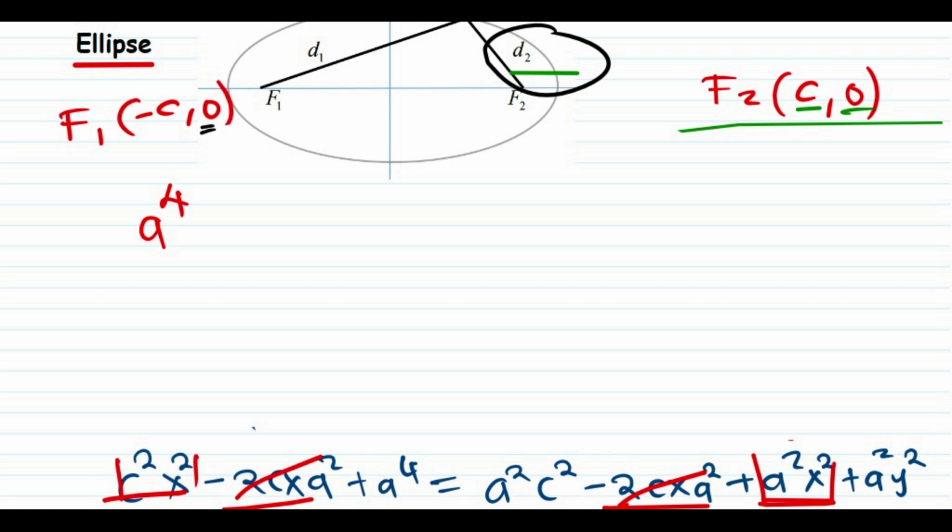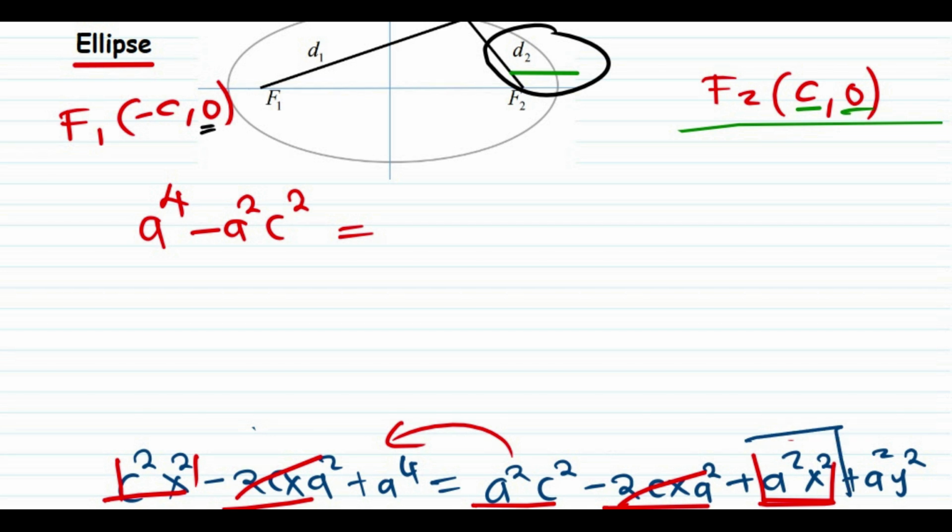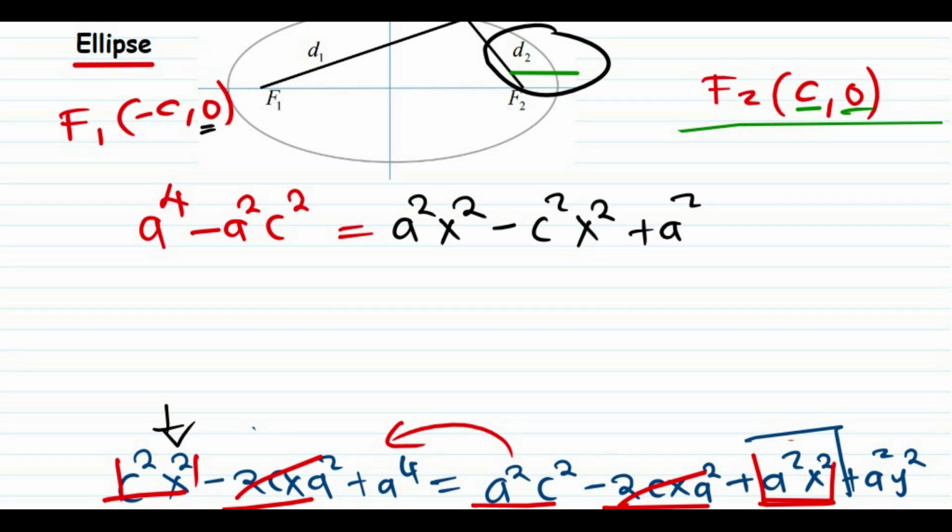So this part can go the other side to become minus a squared c squared is equal to, on the right I'm now going to have a squared x squared, now minus c squared x squared, and then plus a squared y squared.